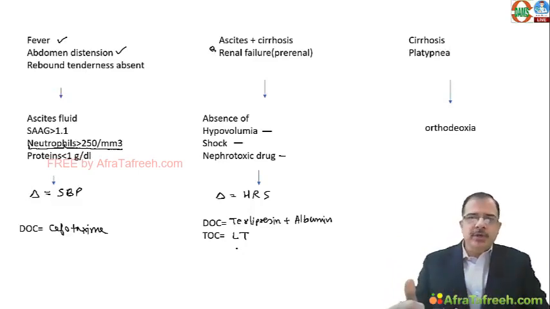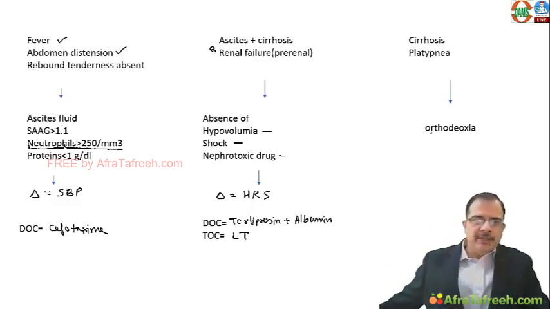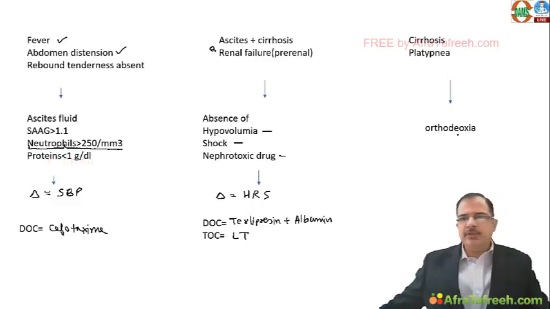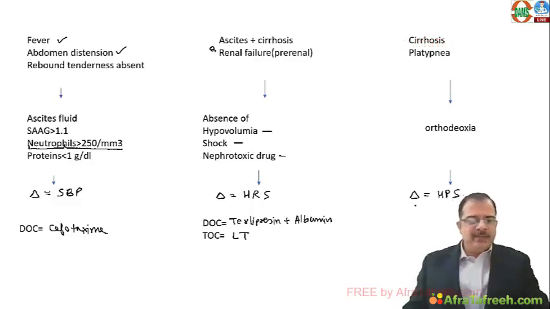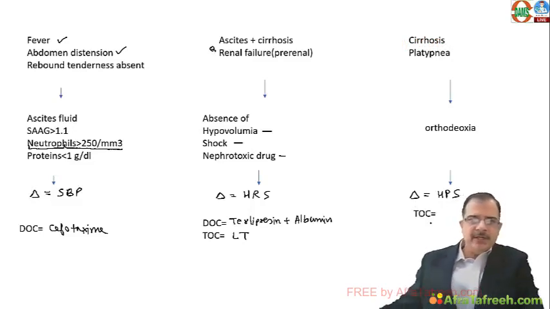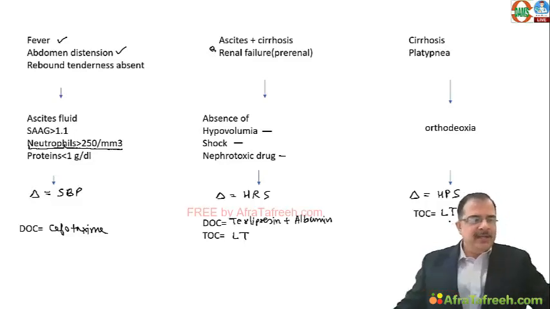That is known as orthodeoxia. So we diagnose this case as hepatopulmonary syndrome, HPS. Hepatopulmonary syndrome will be the answer here. And what is the treatment of choice? The treatment of choice here is liver transplantation. LT will be the treatment of choice here.